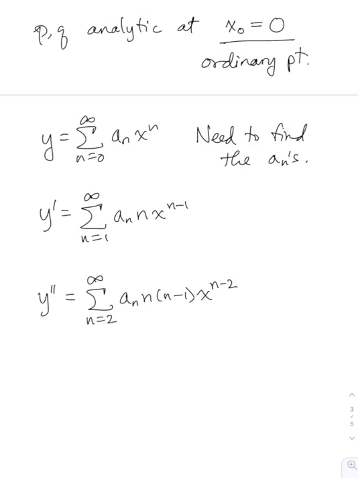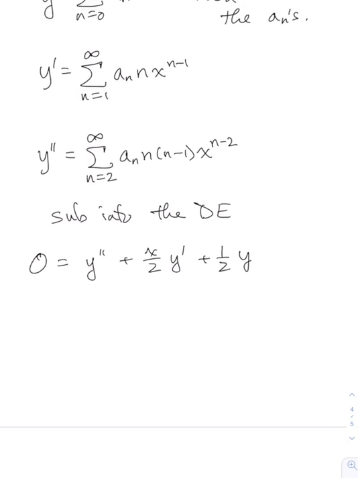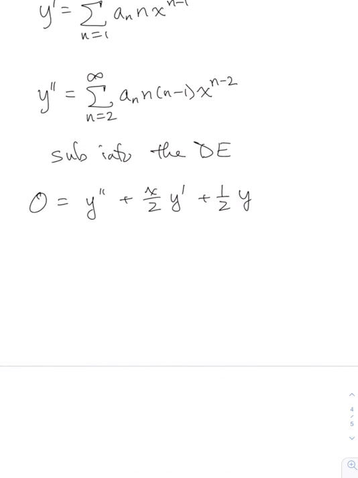Okay. And now I want to substitute these into the differential equation. So my differential equation looks like 0 equals y double prime plus x over 2 y prime plus 1/2 y. Okay, so I want to substitute all those series in.